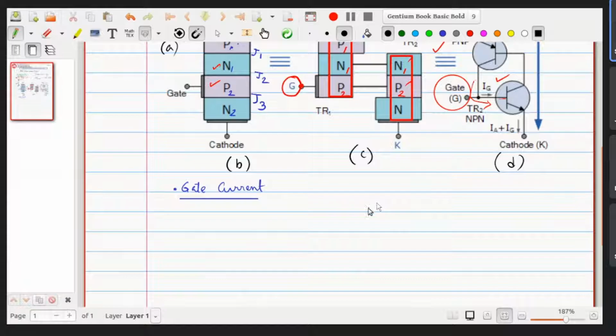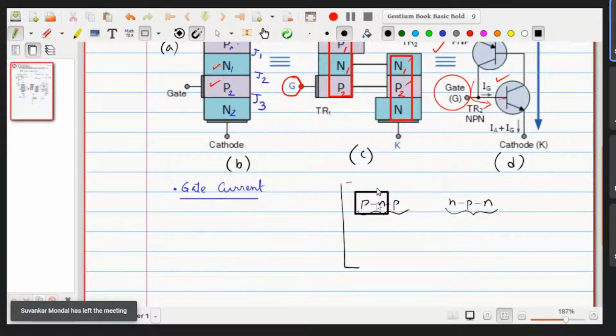One thing is, when we studied the PNP transistor or NPN transistor, I feel like only electronics students study that particular model. I'm not going into the details of that part. We can imagine that it is composed of one PN junction diode and another PN junction diode connected in the reverse order.